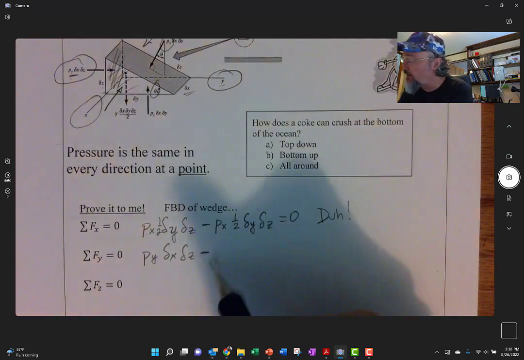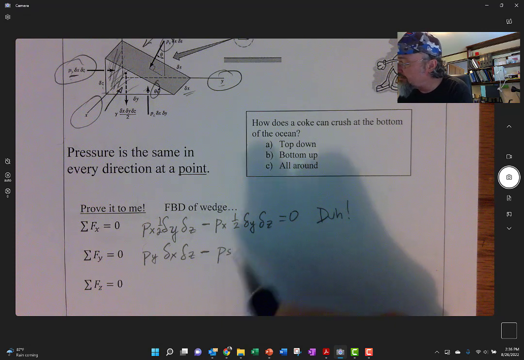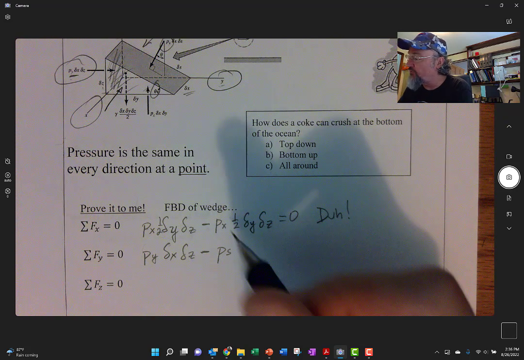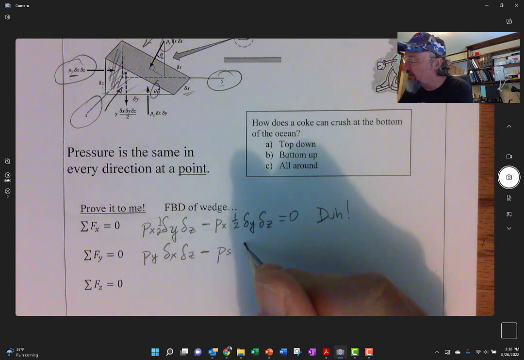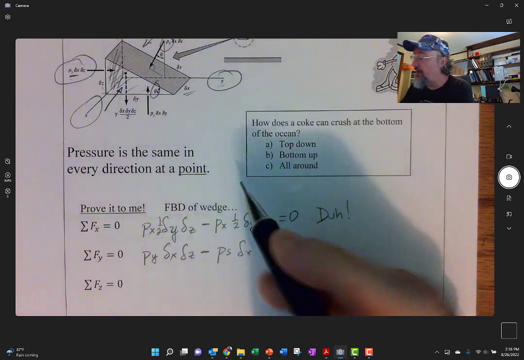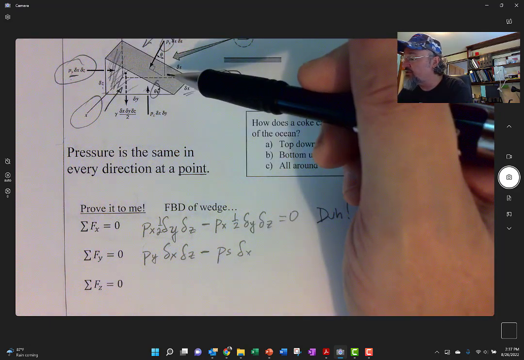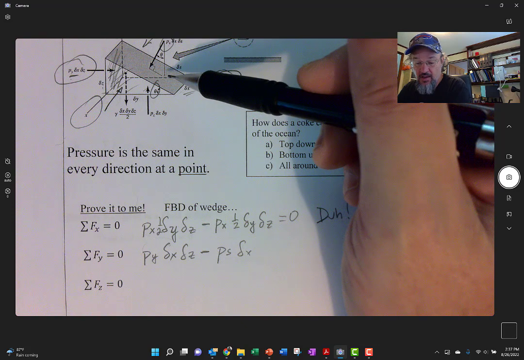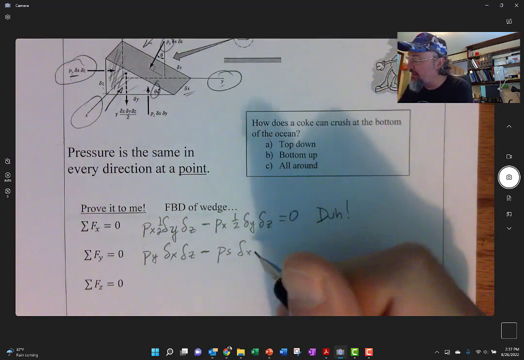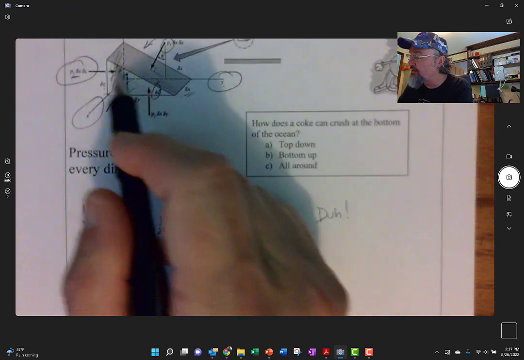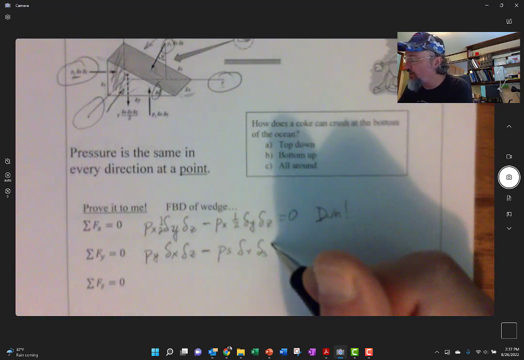And so we have p_s. The area of this: first off, the width of that area is going to be del x. But now the height, I should say, we're going to take a del s right here, which is going to be this length right in here, but it's only going to be the one in the vertical position.